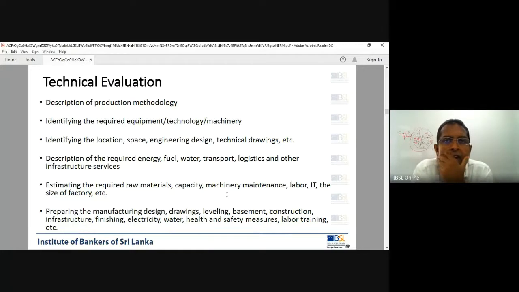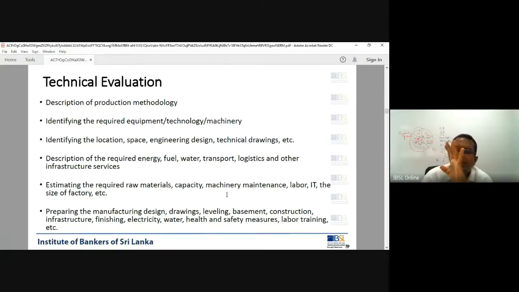Then we look at the raw material requirement. Then machinery maintenance, labor training, IT, size of the factory. All those things on the technical side you have to look at. Preparing the manufacturing design, how to manufacture, drawing, leveling, basement construction. That's the factory concern.